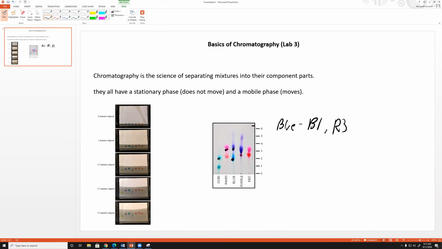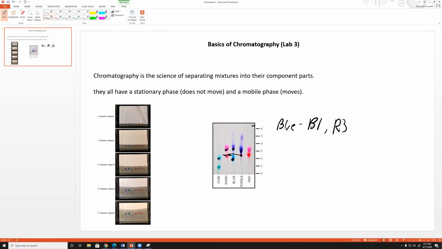For the next one, purple, we have two dots as well. We have this dot, and we have the purple dot up there. This dot mostly aligns with R40. It doesn't directly align; if you draw a straight line, it's not a very good straight line. But it's close enough in comparison to the other components.